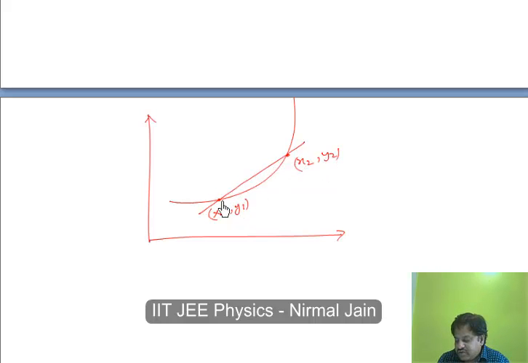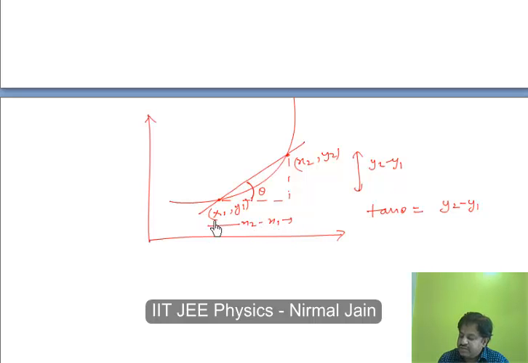If I have to find the slope of this secant, then the slope will be tan theta, which can easily be found as y2 minus y1, which is this height, divided by x2 minus x1, which is the base. So this is the perpendicular and this is the base, so the base is x2 minus x1.